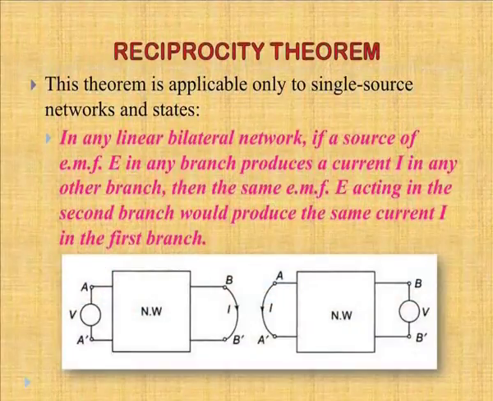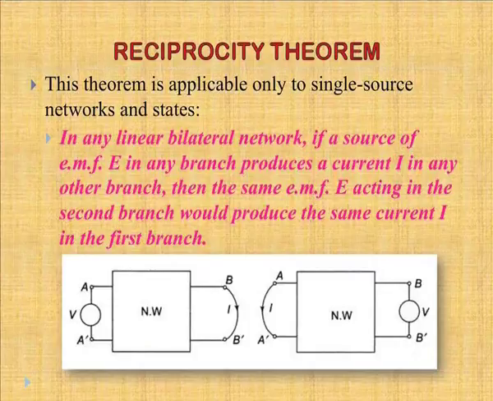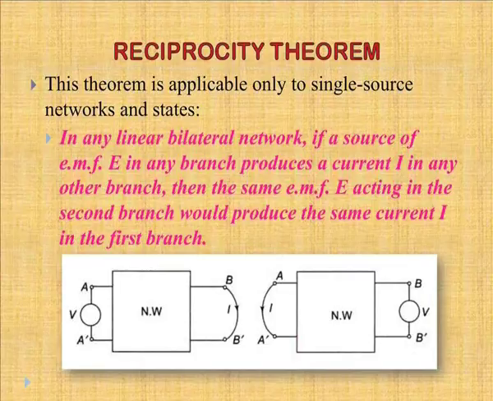It states that in any linear bilateral network, if a source of EMF E in any branch produces a current I in any other branch, then the same EMF E acting in the second branch would produce the same current I in the first branch. So, we can say that the reciprocity theorem states that we can interchange the location of voltage and the resulting current with each other without affecting the circuit.